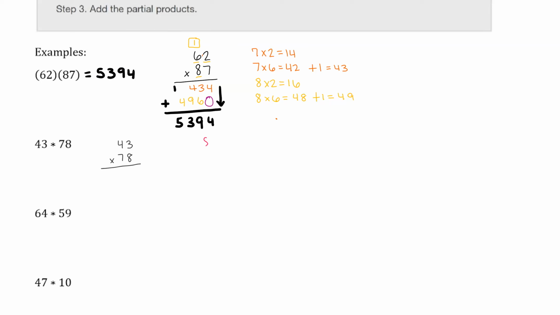We need to do 8 times 3, which makes 24. The 4 comes down, the 2 goes up. Then we'll do 8 times 4, which makes 32. But we had this 2, so we have to carry it with addition to make 34.